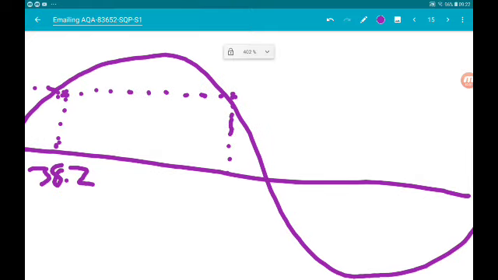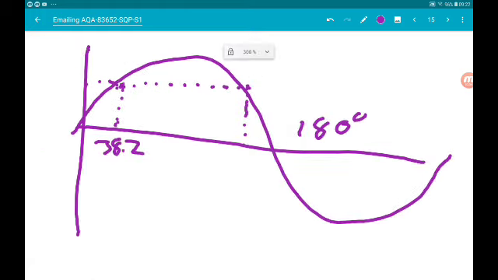Now this point is 180 degrees. Now, using the symmetry of the graph, that second solution is the same distance back from 180 as the first solution is away from 0.